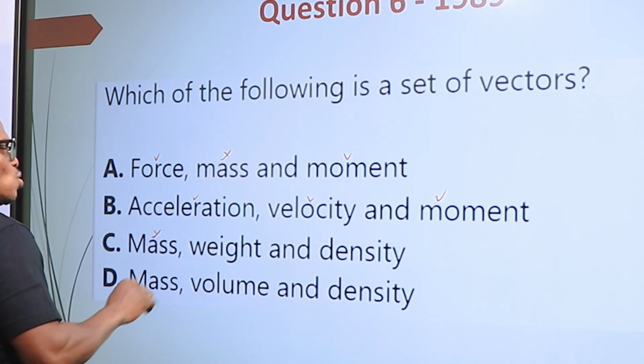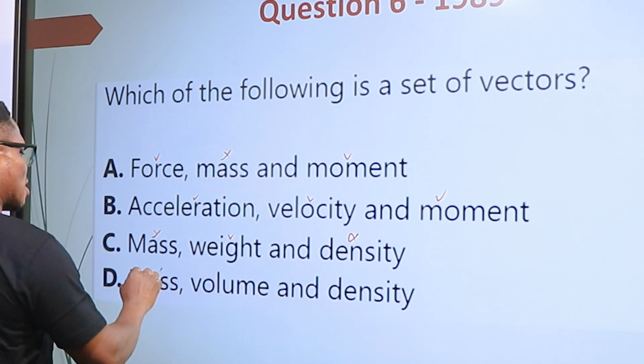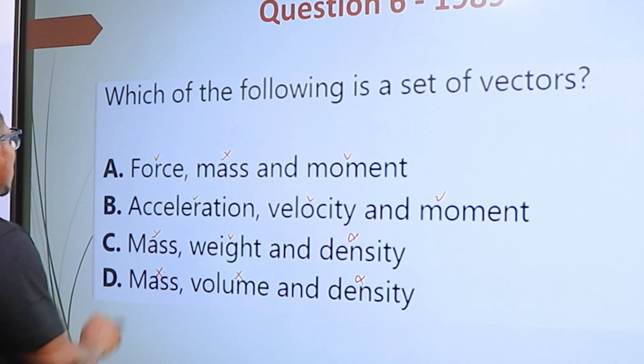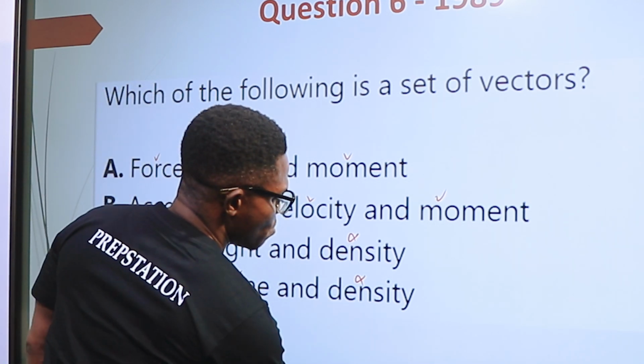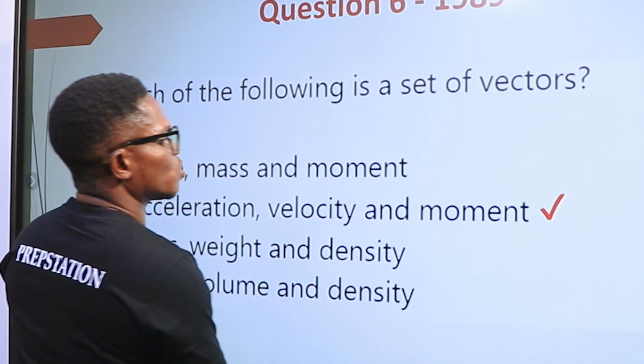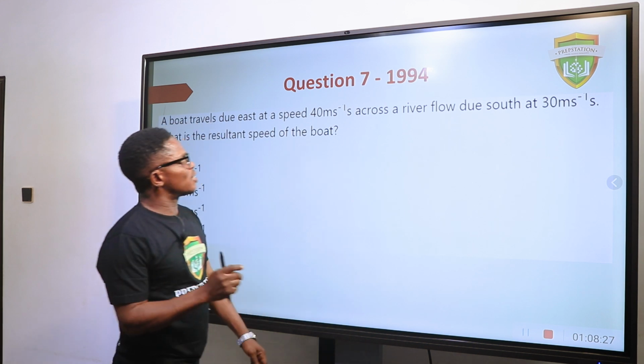What about mass? No. Weight? Yes. Density? No. Volume? No. So the answer here is B. B is a set of vectors. That's correct.